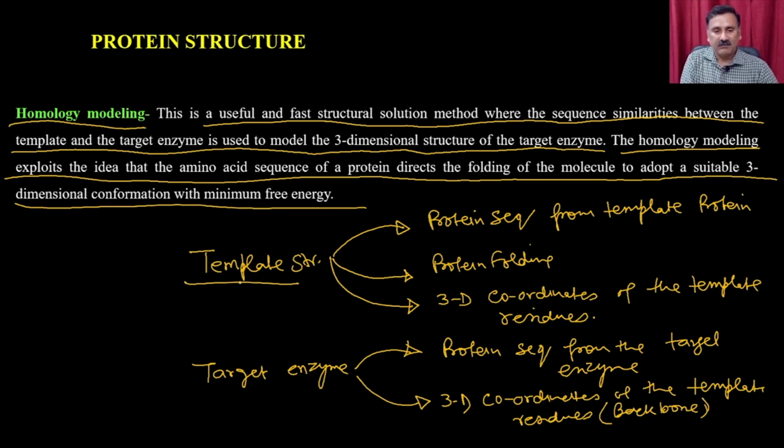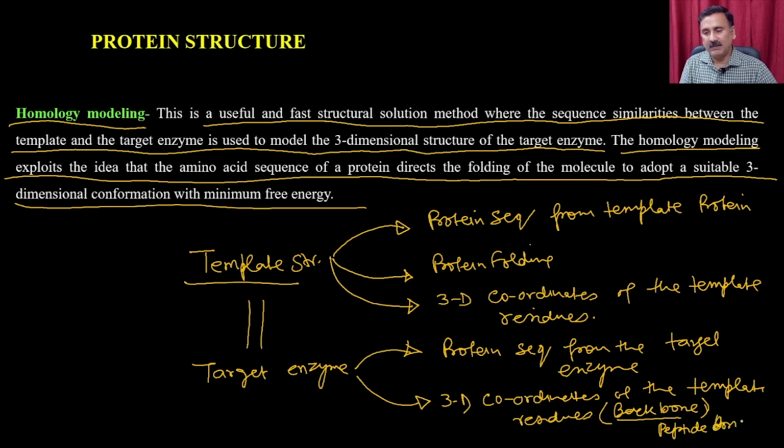Since the template structure and the target structure are homologous, in many places the template residues are going to be the same as in the target enzyme, but in a few places they are going to be different, and because of that you are only going to take the 3D coordinate information of the template backbone, which means you are only going to take the peptide bond information.